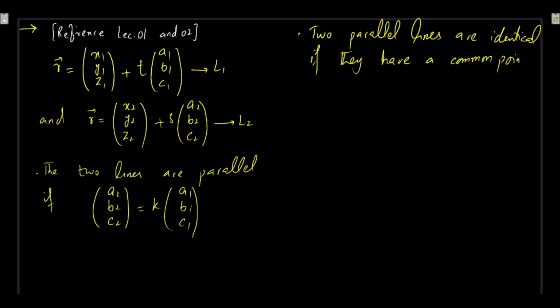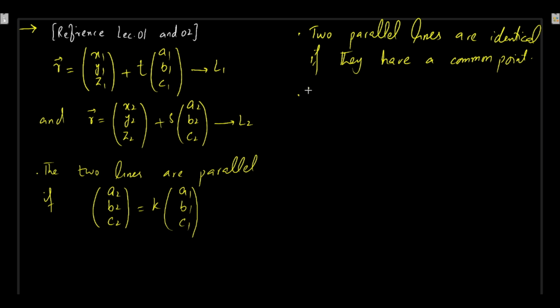In lecture 3, we already studied that we can write the vector equation of a line in infinitely many different ways. So two equations may look different, but they may represent the same straight line. So for two vector equations to represent an identical line, this condition must be satisfied: the two lines must be parallel and they must have a common point. If this condition is satisfied, then those two equations will represent an identical straight line.